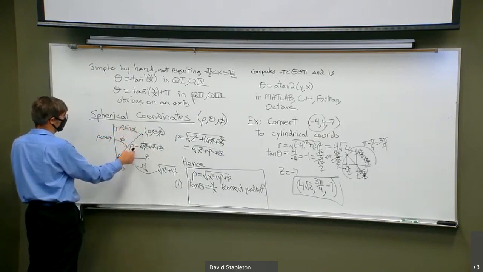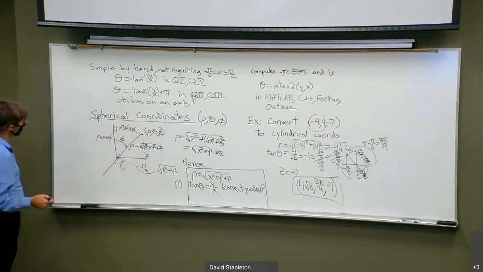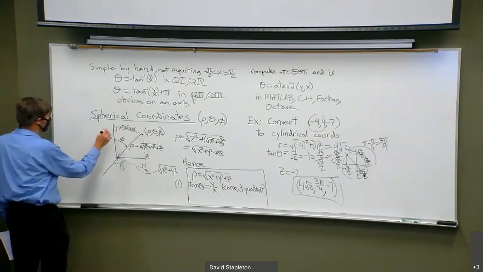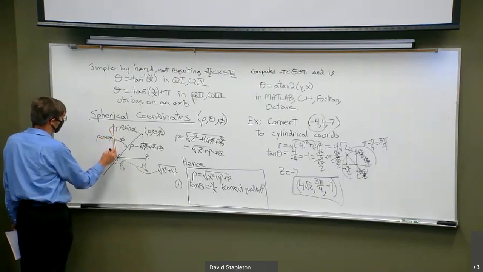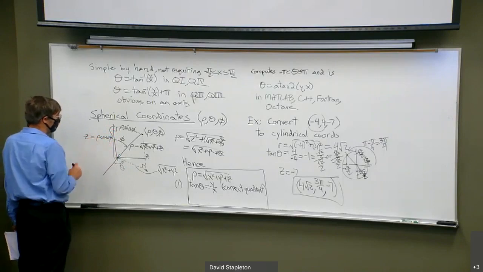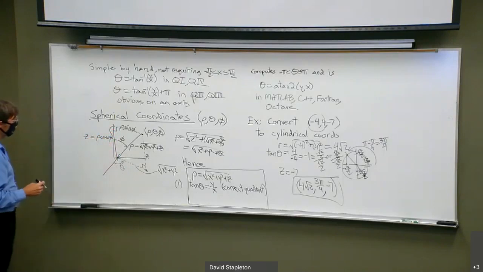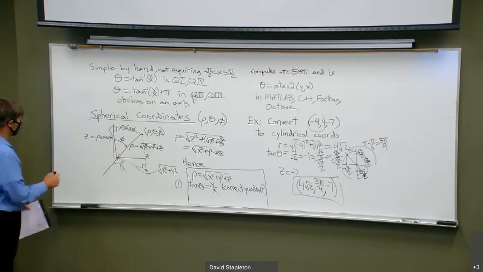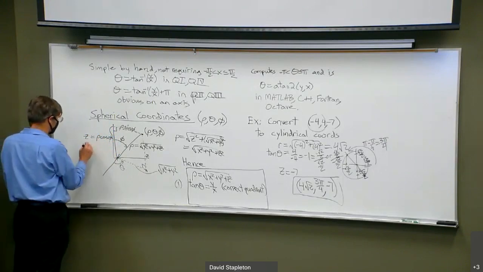Opposite over hypotenuse is sine. Now I can solve this for phi by dividing: z over rho equals cosine phi.